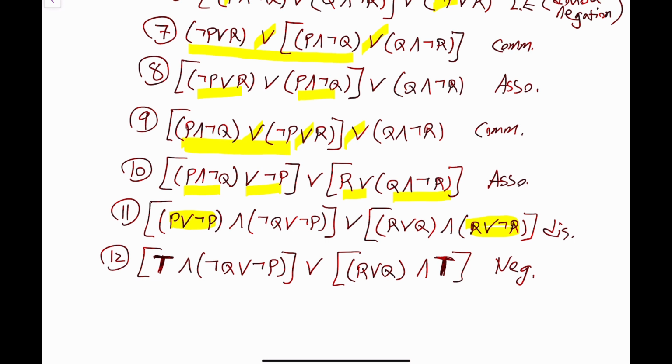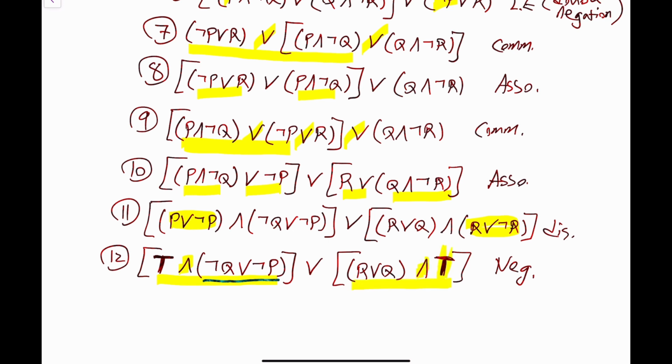But if you think about it, here we have this conjunction. We have something that's necessarily true in it, so the truth or otherwise of the conjunction as a whole is entirely dependent upon this disjunction. That is to say, on the truth value of that disjunction. And likewise, we have this conjunction. We have something that is necessarily true.